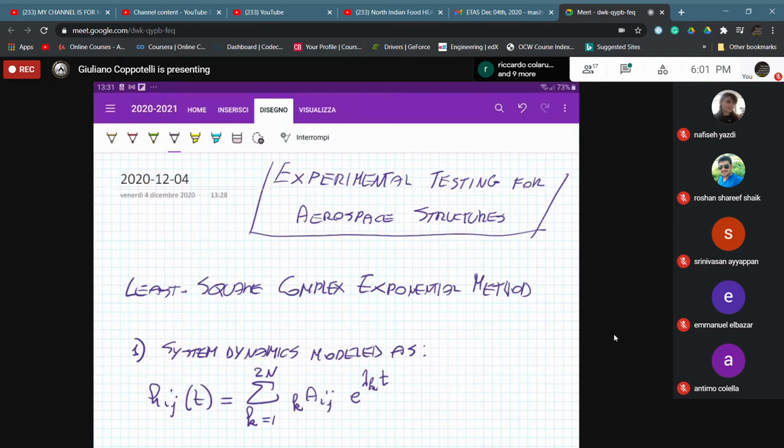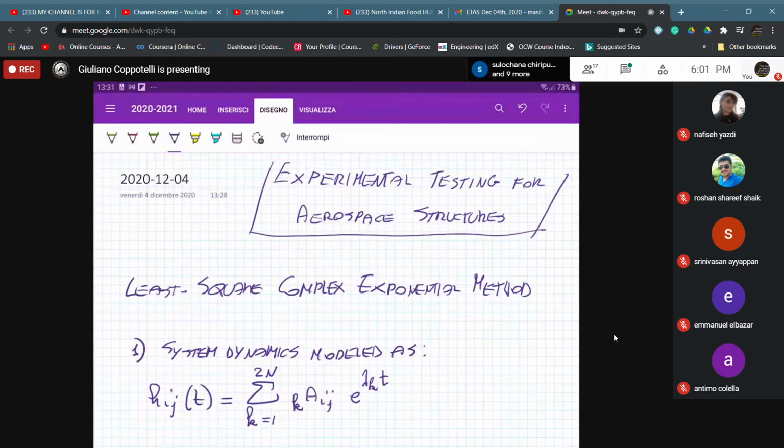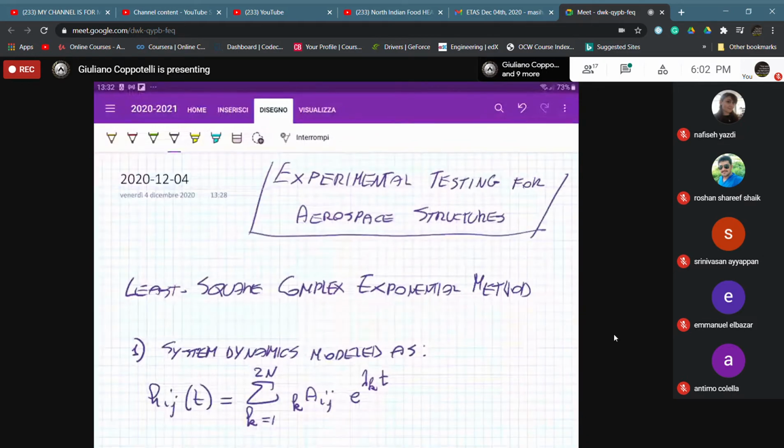Okay, so last Tuesday we started analyzing the method that operates in the frequency domain, called the least square complex exponential method. Just a brief recap of the method.